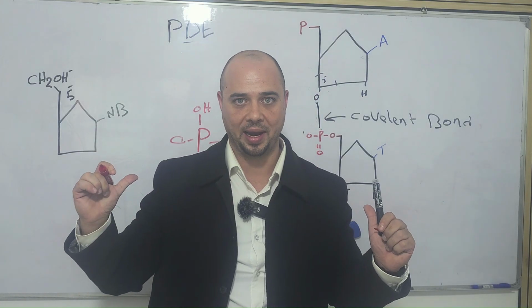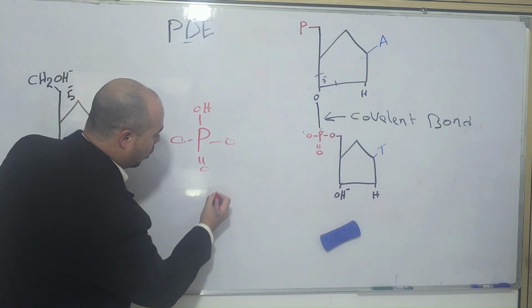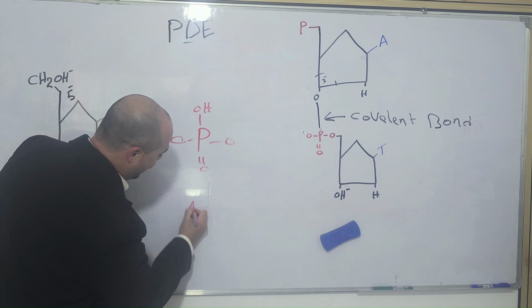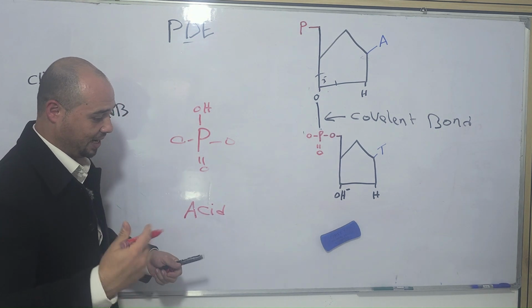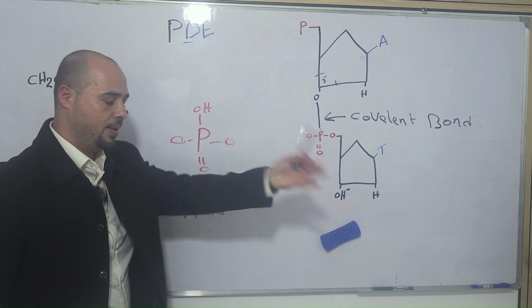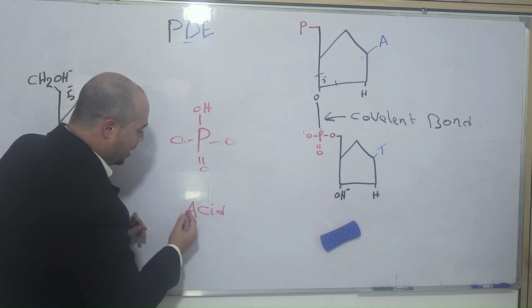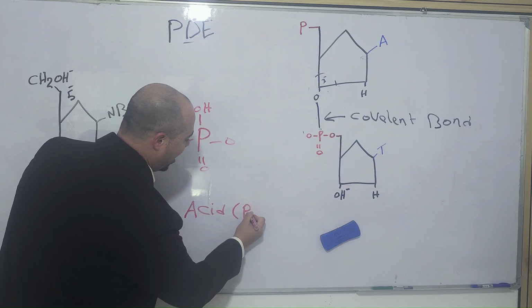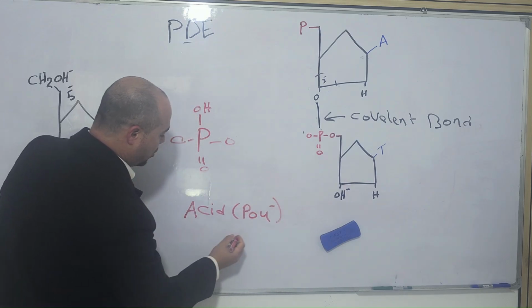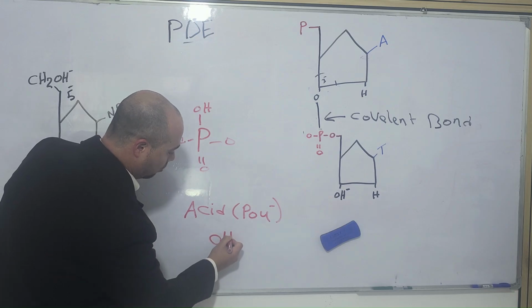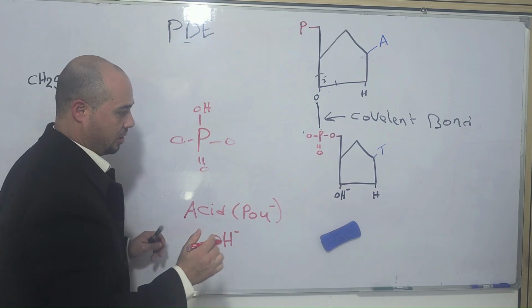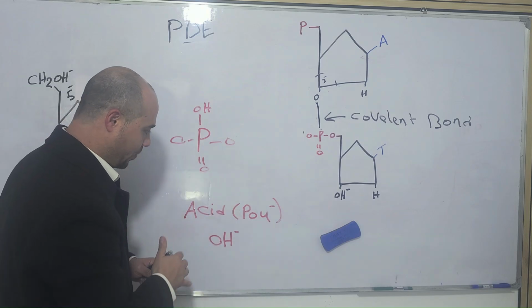And here we use it yet again in the ester bond. So an ester bond simply means that an acid, and remember the phosphate group is an acid because it donates a proton, so we call it an acid, like phosphate, reacts with an alcohol group like hydroxyl. It's called an ester bond.